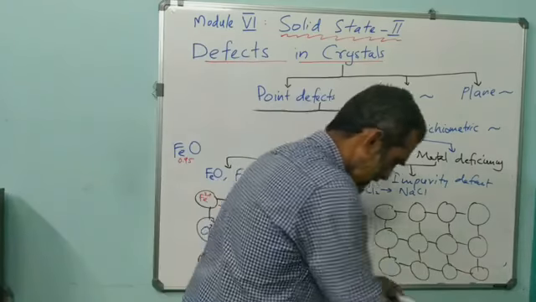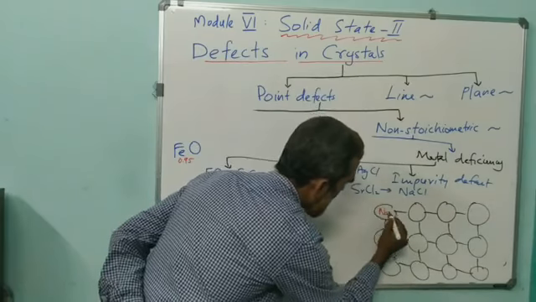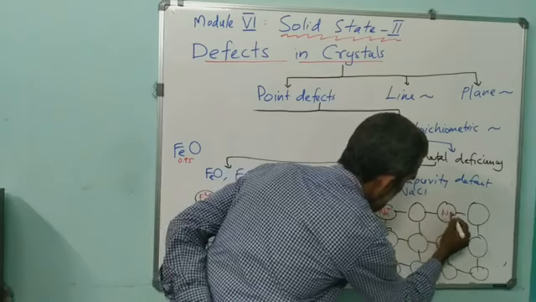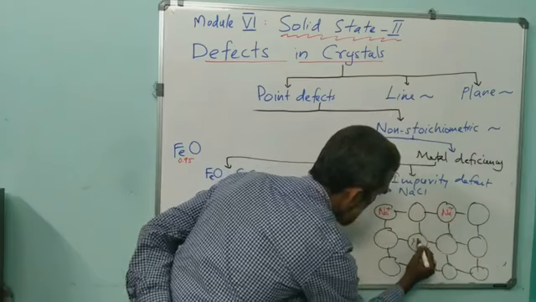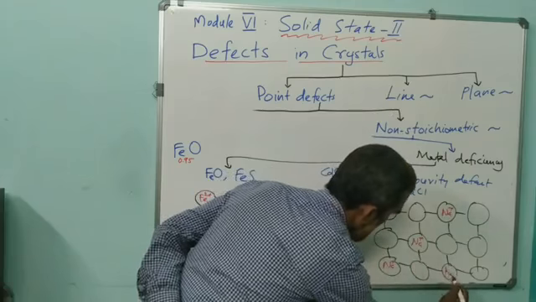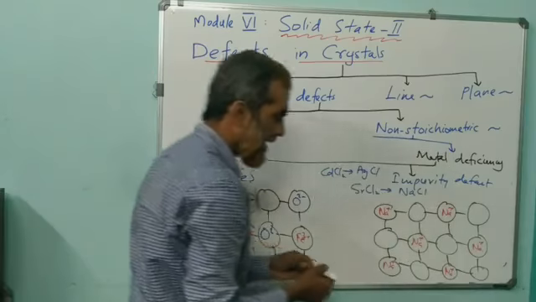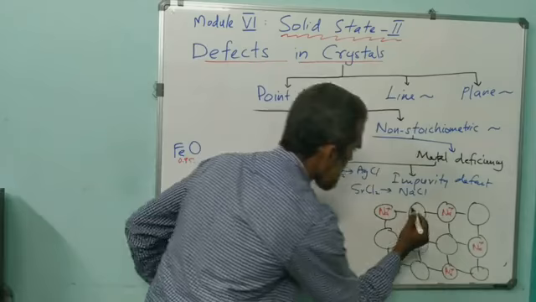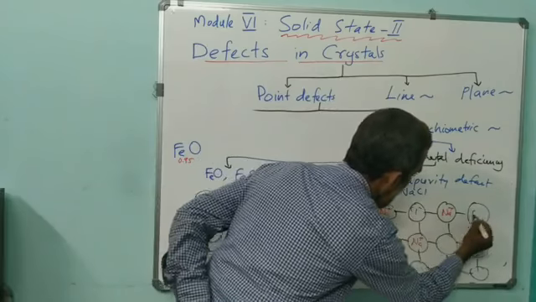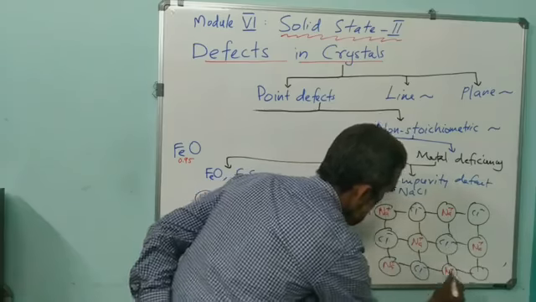We are showing the sodium chloride lattice, so Na+ and Cl-. This is the crystal lattice of sodium chloride.